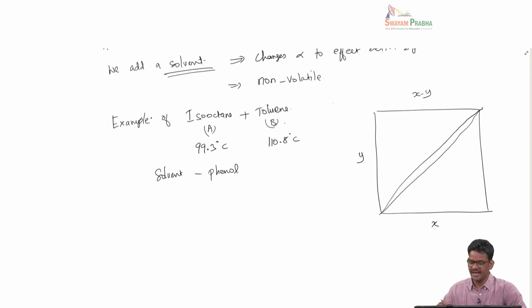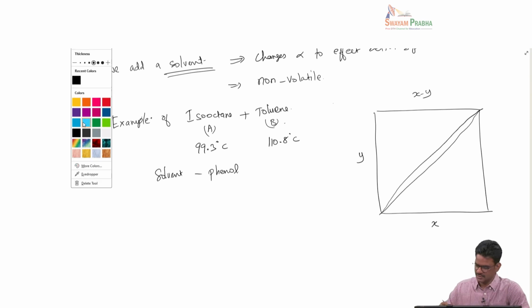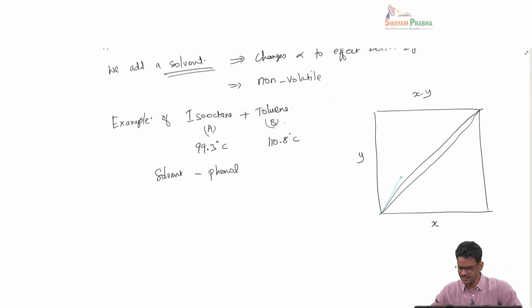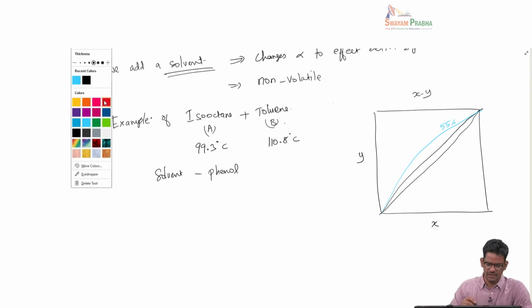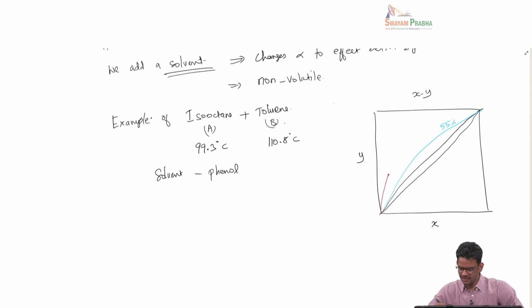Now, if I add little amount of phenol to the system, this curve becomes little opened up. Let us say if I have 55% of phenol added to this. Now, if I increase the amount of phenol to 83, it becomes even better.